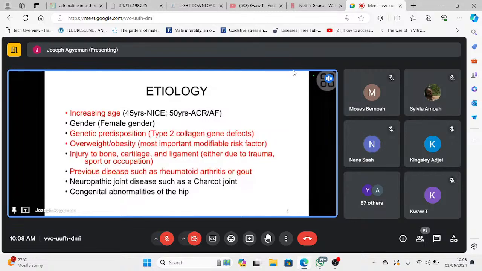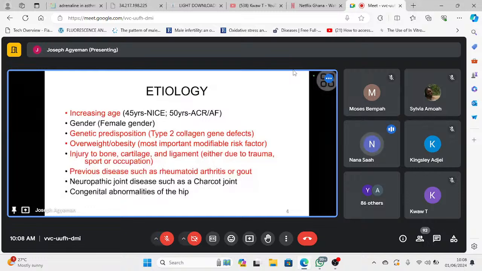Class captain, I always call you, but it doesn't mean that you are the one always supposed to answer. You can give me another person. You are the liaison officer, so I always call on you. Okay. So which crystals contribute to gouty arthritis proper and which ones contribute to pseudogout?